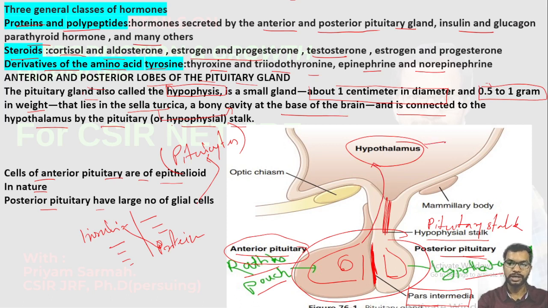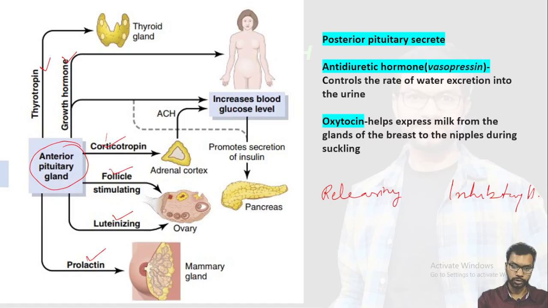So hypothalamus releases two types of hormone: one is releasing hormone, one is inhibitory hormone. The releasing hormone will act on the anterior pituitary and cause release of a particular hormone, and the inhibitory hormone of the hypothalamus will act on the anterior pituitary and inhibit the release of a particular hormone.